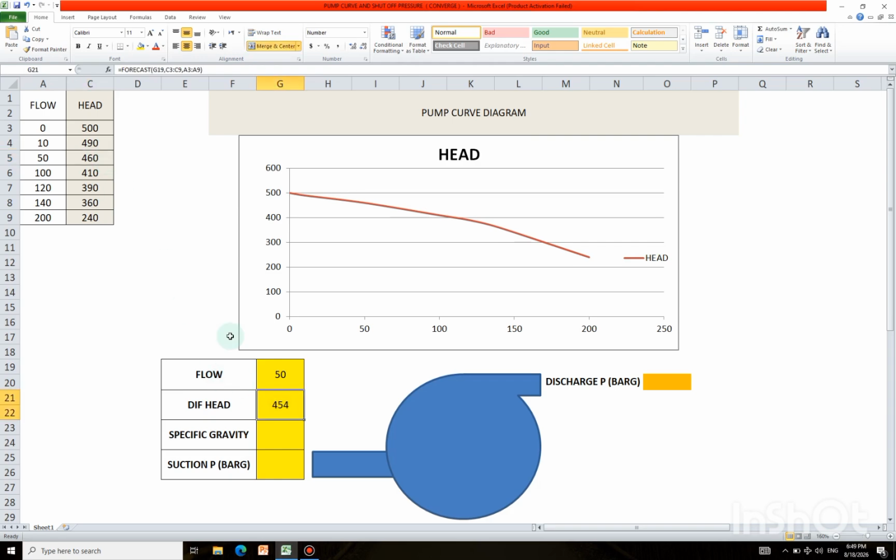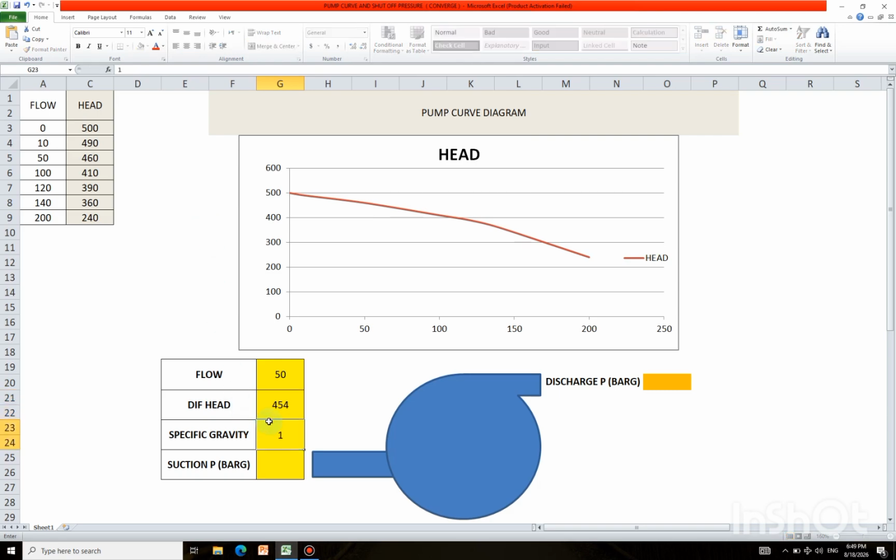This difference between the value calculated by Excel and the data that the pump can produce is just because we used this simplified formula, the FORECAST. So just accept this simplified correlation for now. However, you can extrapolate the data exactly. I don't want to get into details and make the discussion unnecessarily long.